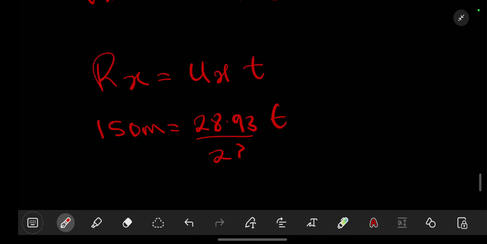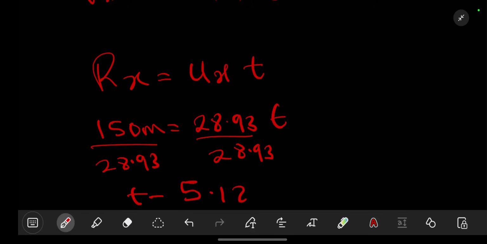We divide over 28.93 on both sides. So our time will be equal to 150 divided by 28.93. This is going to give us a value of 5.185 like that.